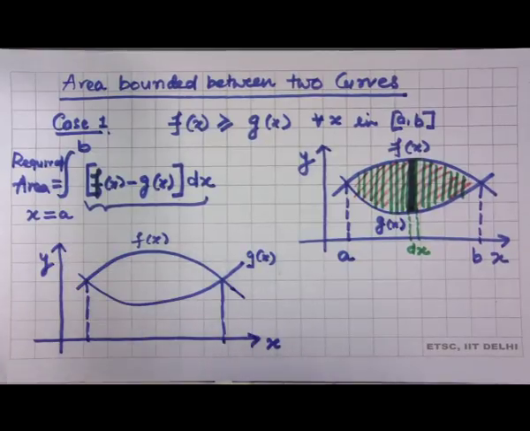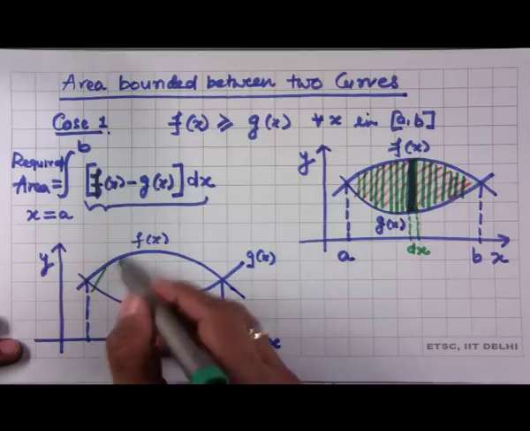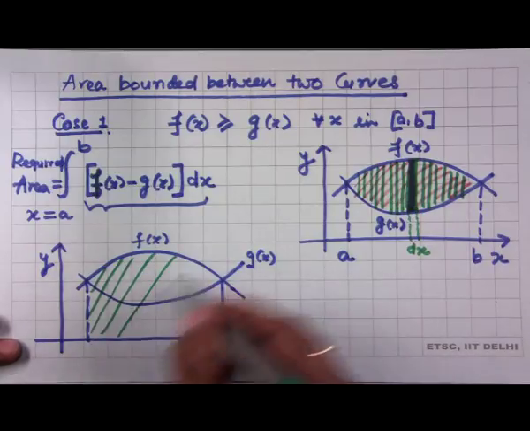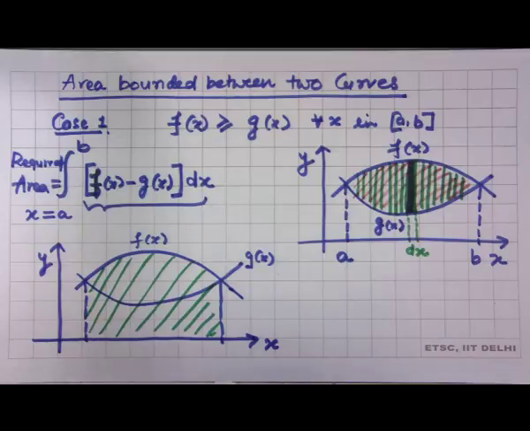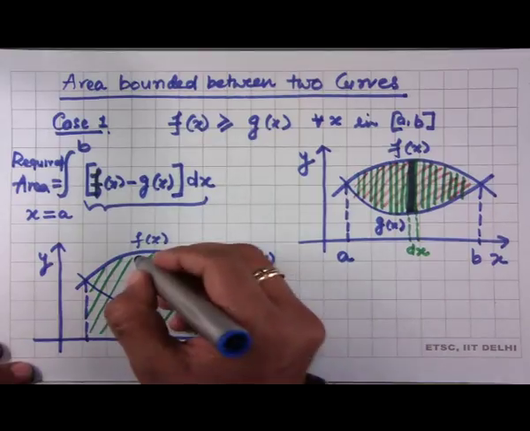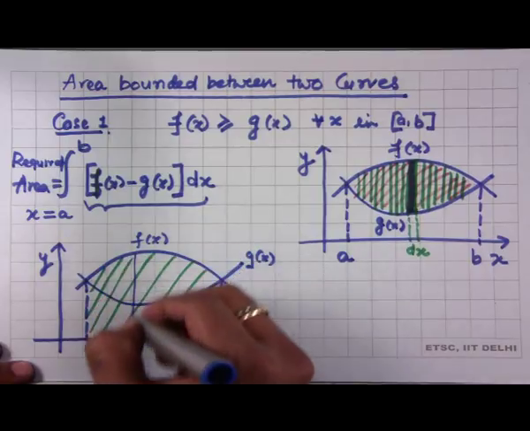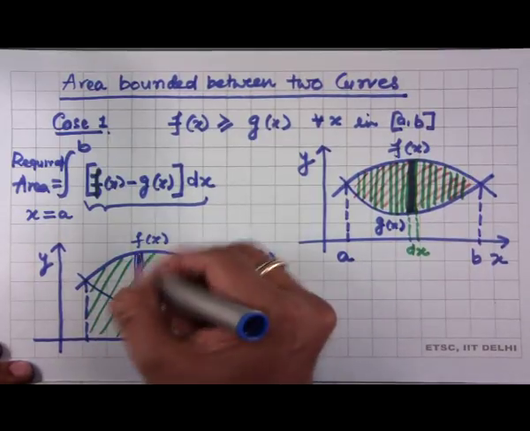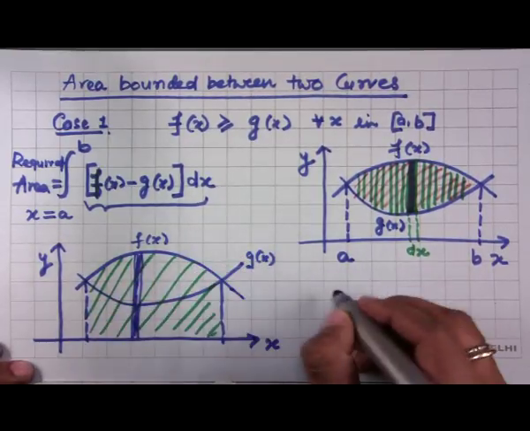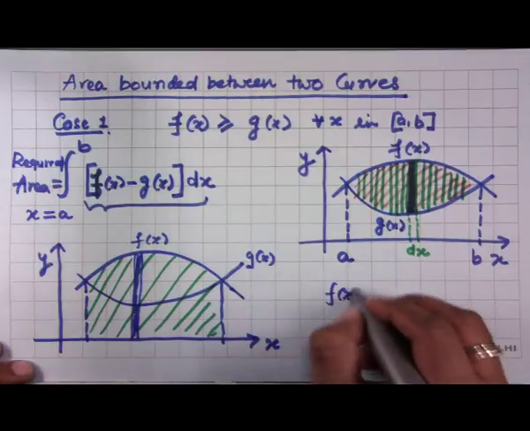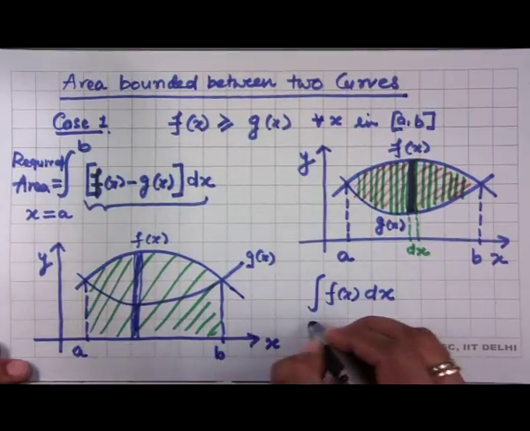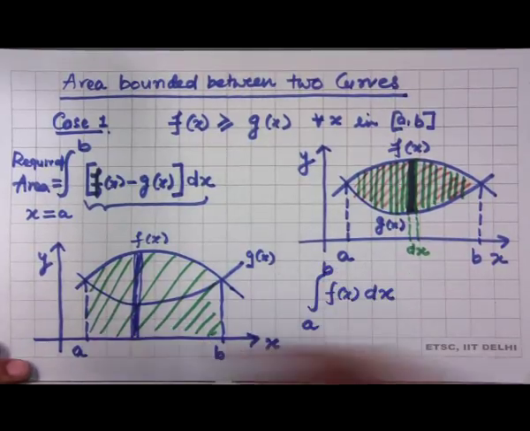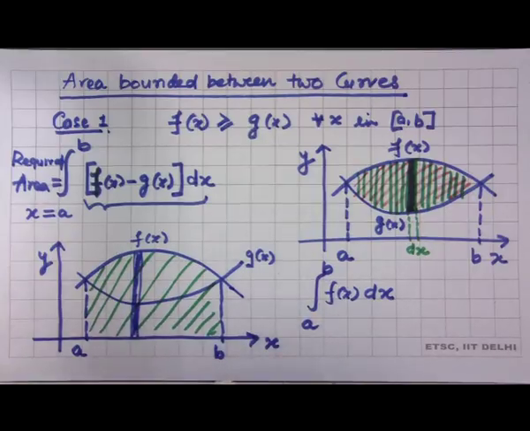So first let us compute this area. The value of this area will be, if you take this vertical strip, you get f(x) dx, this is A and B. So this gives you this area shaded by green color.